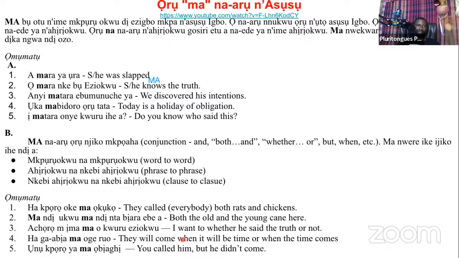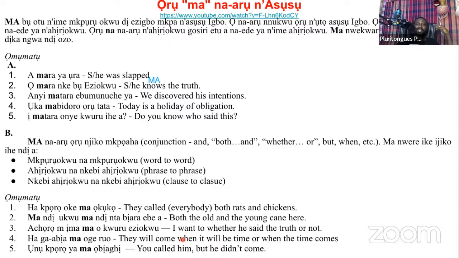Nke ise, unu kpọrọ ya ma ọ bịaghị. Unu kpọrọ ya ma ọ bịaghị. Anyị kpọrọ ya oriri ma ọ bịaghị. Ị ma na akpọrọ m Maazị Okonkwo na agbamakwụkwọ m ma ọ bịaghị. I invited Maazị Okonkwo, Mr. Okonkwo, to my wedding. But ọ bịaghị. Akpọrọ m ndị mmadụ oku na YouTube ma ha abịaghị.